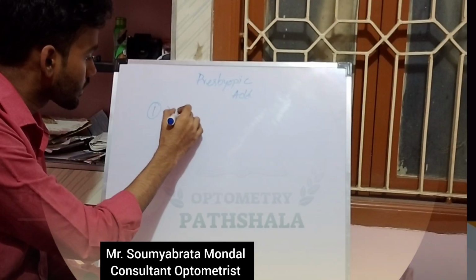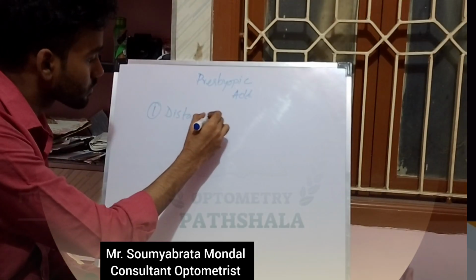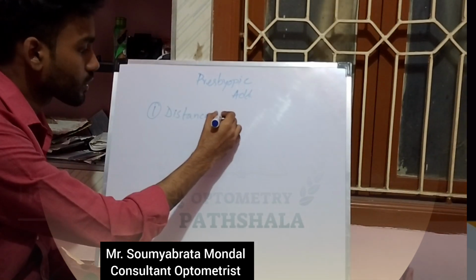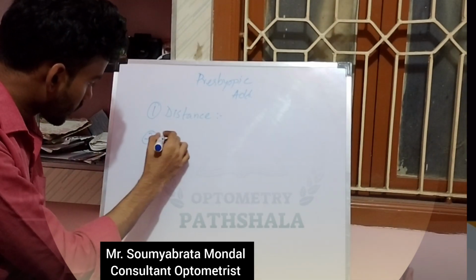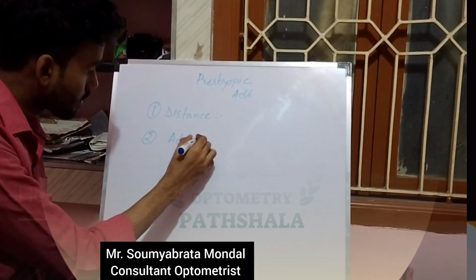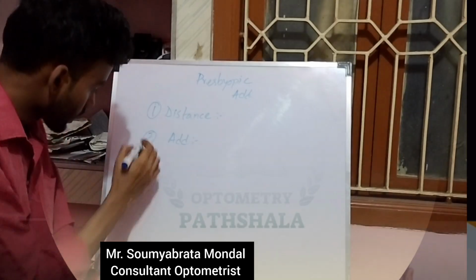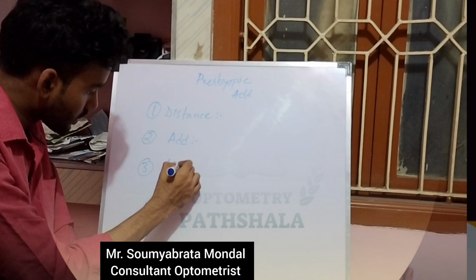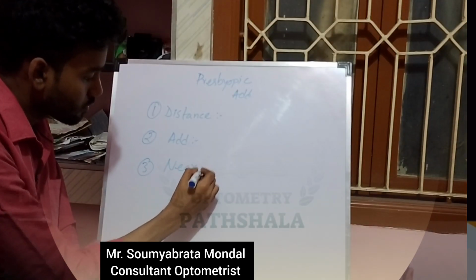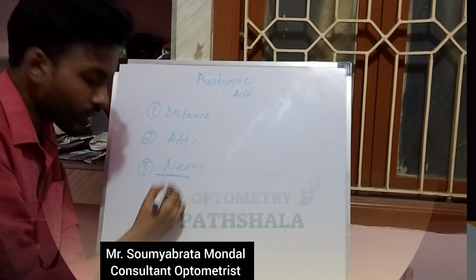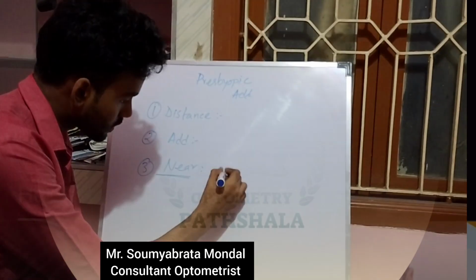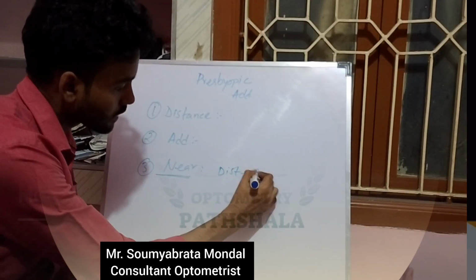First one is the patient's distance refractive correction, the power for distance. Second is the addition, the extra power required to see at near. And third is the near power. The near power will always come as distance plus addition.